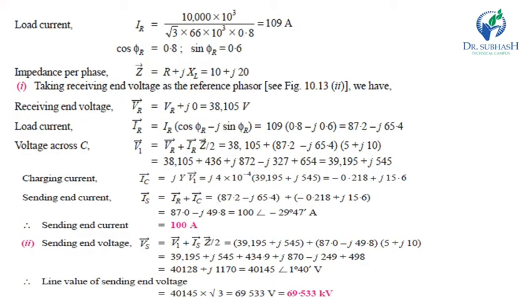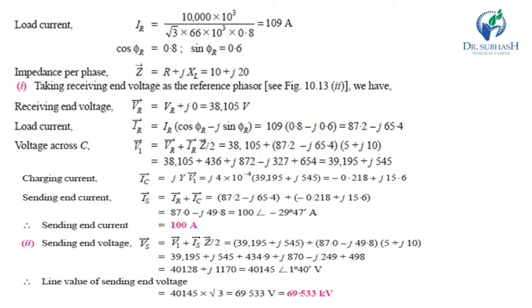Now first of all, we find the load current. For any transmission line, if we want to find a current, we use a power equation. So the receiving end power PR is equal to IR into VR into cos phi R into 10 raised to minus 3.